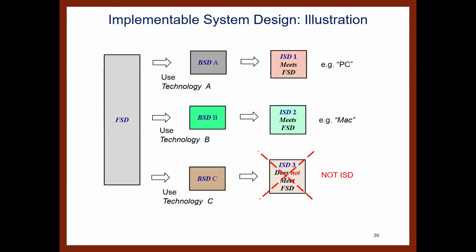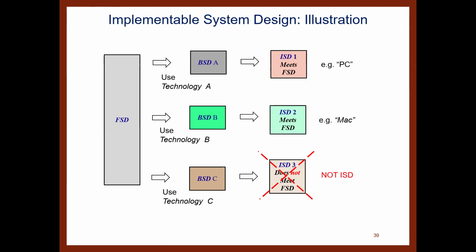So here's an example or an illustration, right? Going from the left, we start with our functional system design. This is stated, is only one. These are the functions that the system must perform in terms of inputs and outputs, and how you are going to connect those inputs to the outputs.